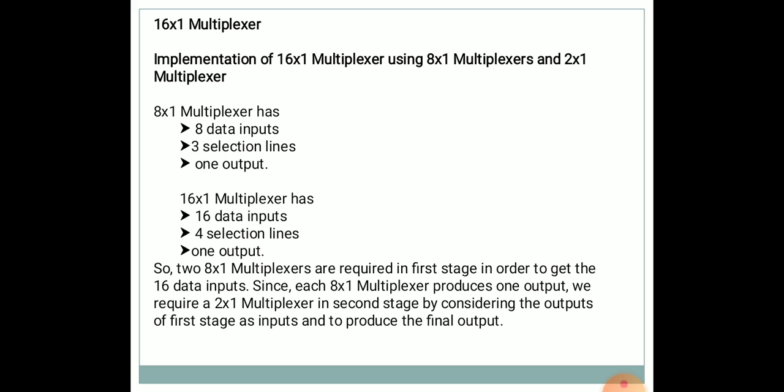So the 16 cross 1 multiplexer is implemented using two 8 cross 1 multiplexers at the first stage, and the outputs of these are taken as inputs for a 2 cross 1 multiplexer in the second stage to get our final output.